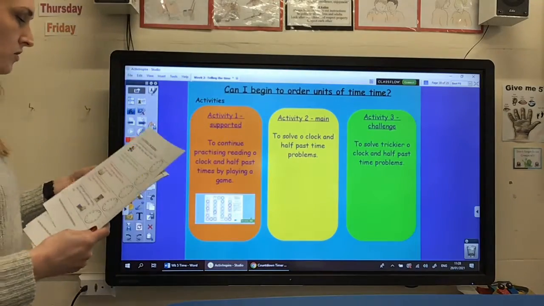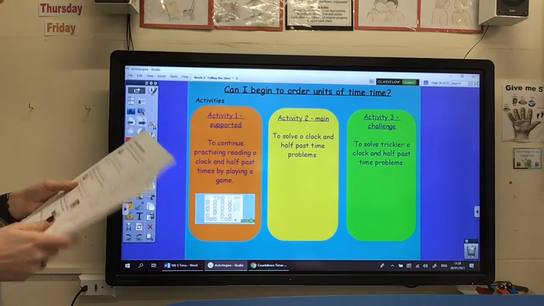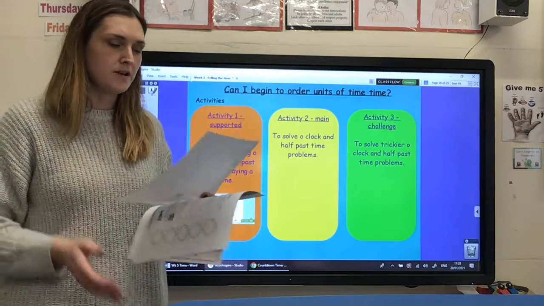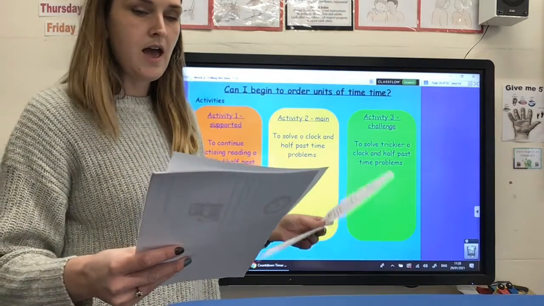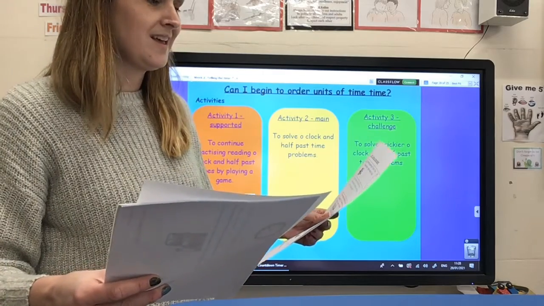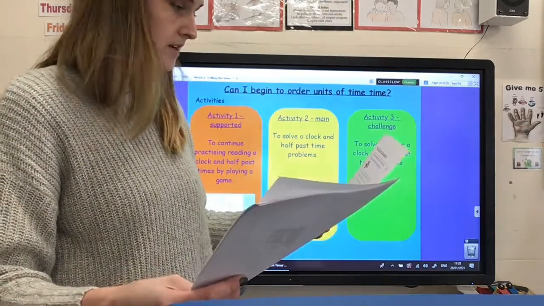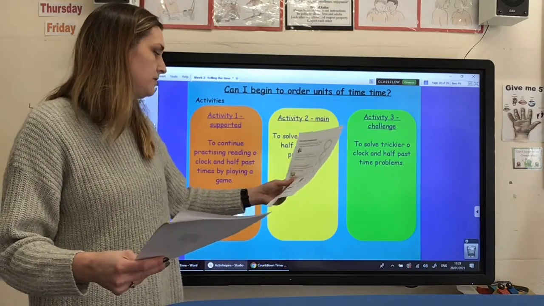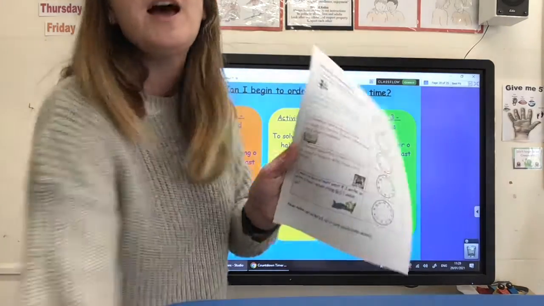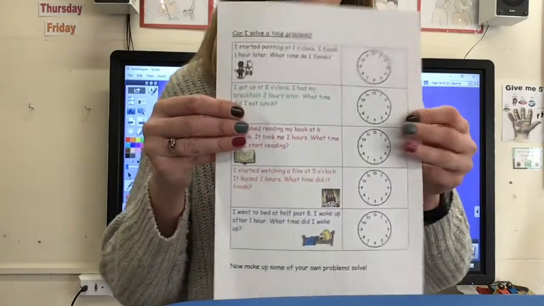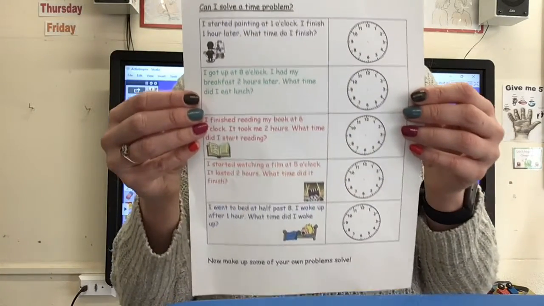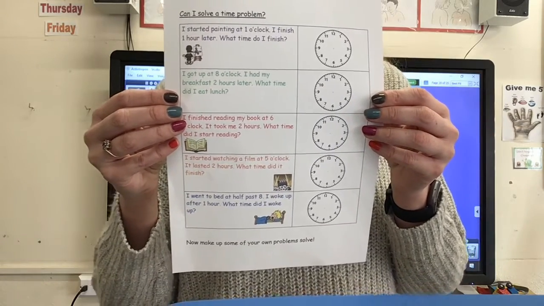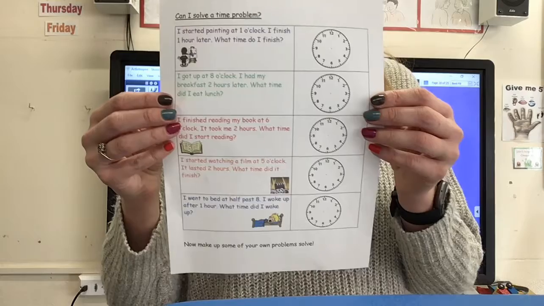Okay, if you understand how to read the analogue clocks to o'clock and 12:30, I would like you to have a go at 12:30 and o'clock time problems. Sorry, I'm just trying to work out which one's which now. They look very similar as I just showed you. So we have this one here, can I solve time problems? So highlight the important words, the important numbers, draw the clock faces of the answers.